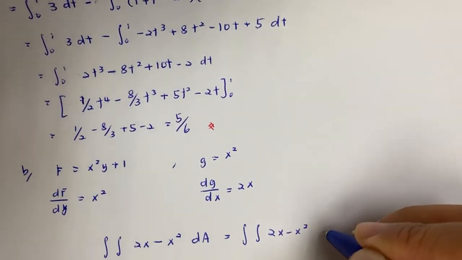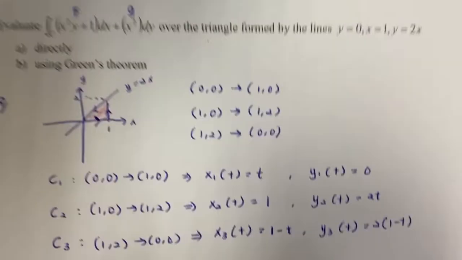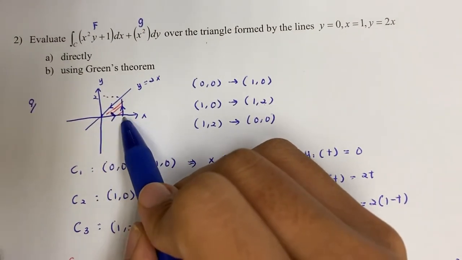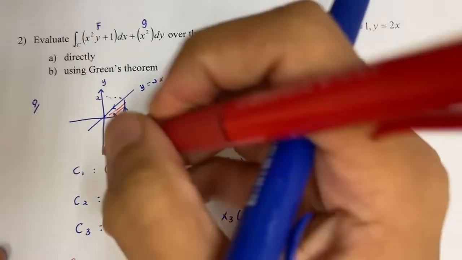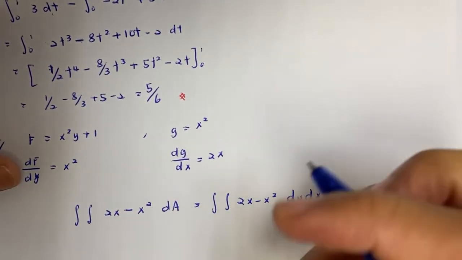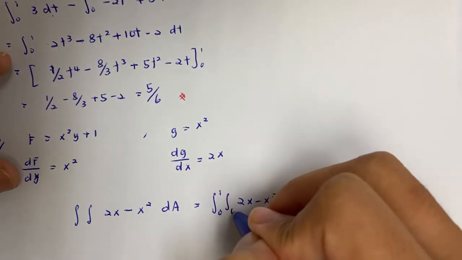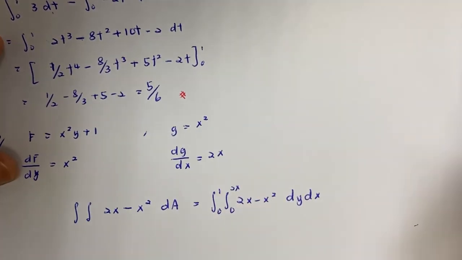If we want to solve using dy dx, our x limit is from 0 to 1, and our y limit is from 0 to 2x. So we substitute our y and x limits.